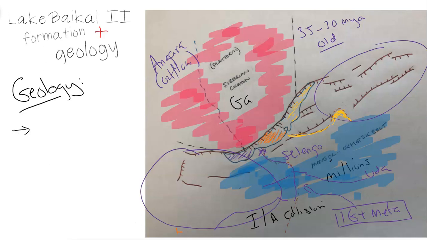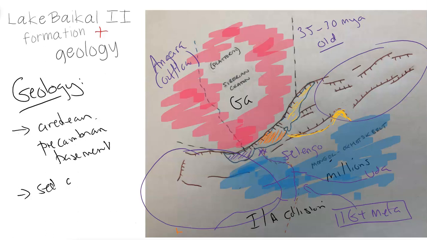And there hasn't really been much evidence to suggest that the lake has changed that much in that time. So again, it goes back to that passive rifting. But the geology is very Archean and Precambrian basement rock. You've got some sedimentary deposits around the rivers, obviously, and in the basin itself, the three basins that make up the lake.